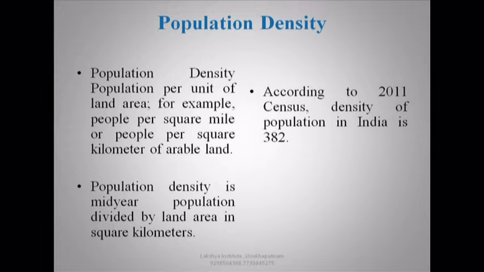Population is based on the de facto definition of population, which counts all residents regardless of legal status or citizenship, except for refugees not permanently settled in the country of asylum, who are generally considered part of the population of their country of origin. According to the 2011 census, density of population in India is 382.